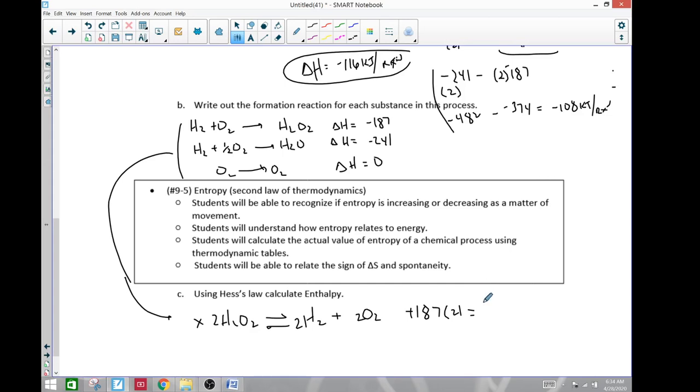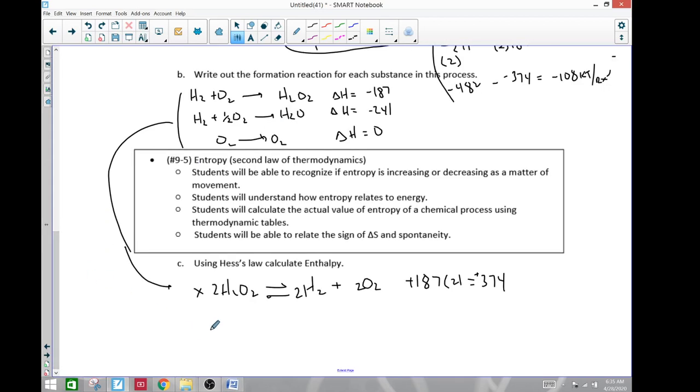So that should be, yep, 374 positive. All right, and then I'm going to take this here and leave it alone. So I have H2 plus 1/2 O2 yields H2O.